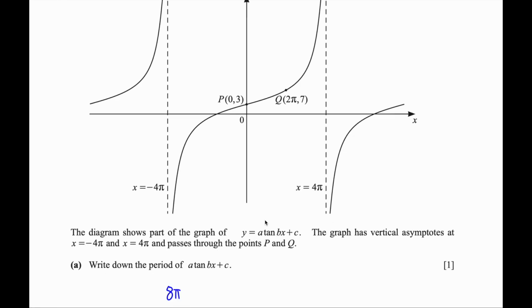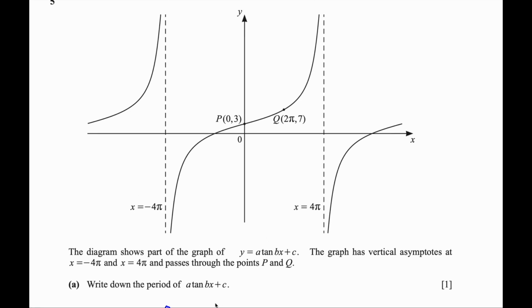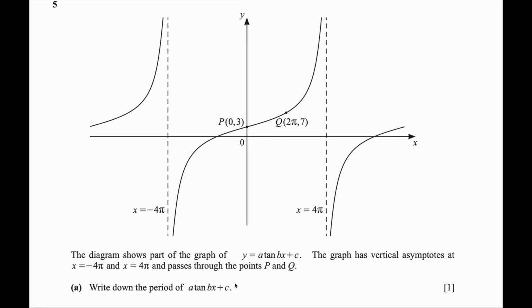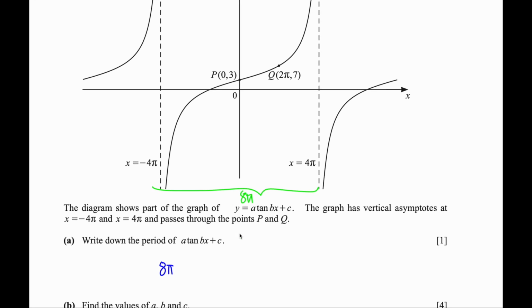And in part A, I have to find the period of this curve. Well, I think it's very obvious by looking at the graph. You just have to see what's the gap between two consecutive asymptotes. In this case, it's 8 pi from negative 4 pi all the way to positive 4 pi. So this is 8 pi. And that's the answer for part A.